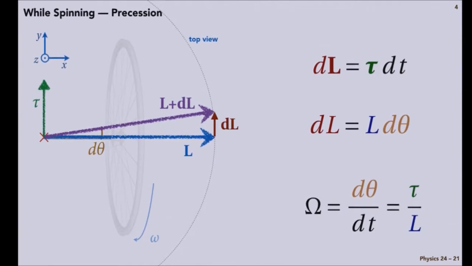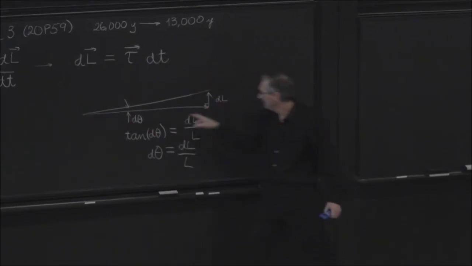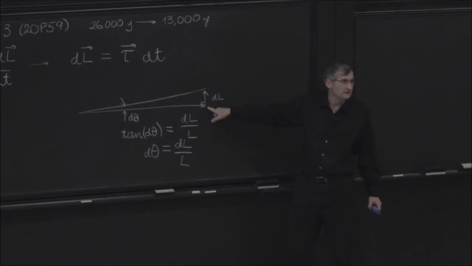And does it make sense that the spin angular momentum should sit in the denominator? Because the bigger this L is, the longer that vector.